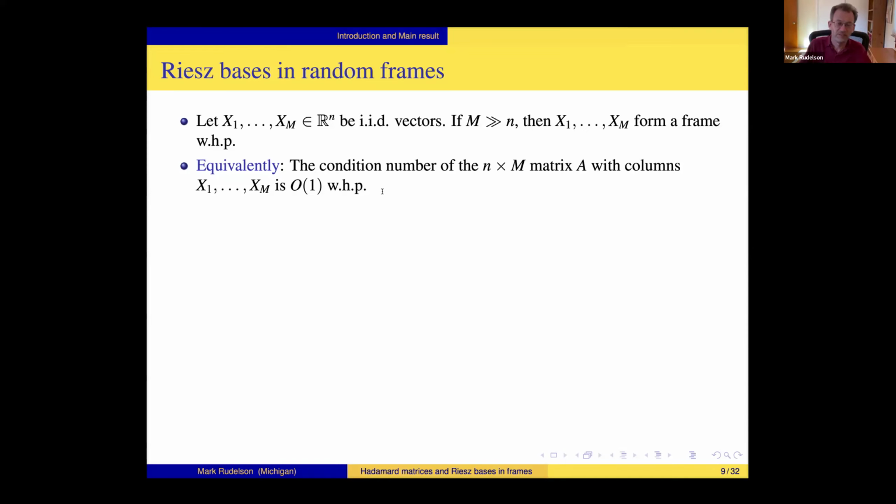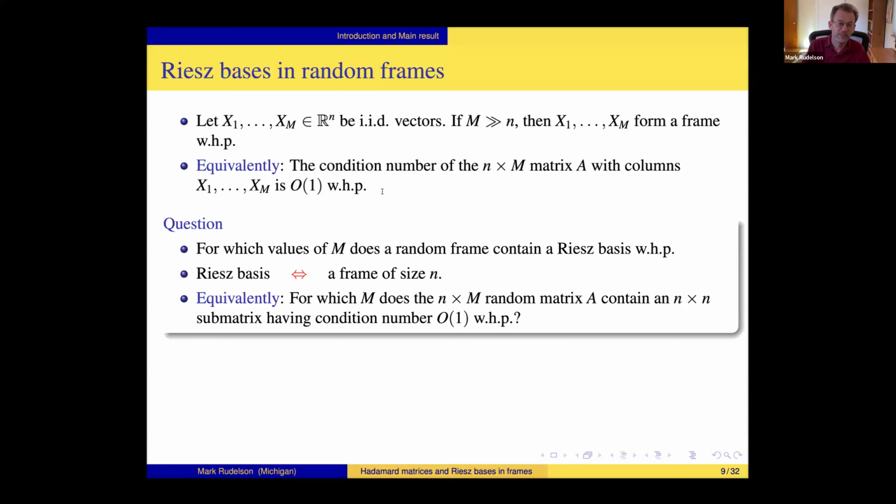And we ask ourselves when this frame contains a trivial subframe, namely the repeated Riesz basis, or even better, a repeated or almost repeated Riesz basis. In the language of random matrices, this means that for which M, this very fat matrix contains a submatrix of condition number about 1. The square submatrix this time, n by n.